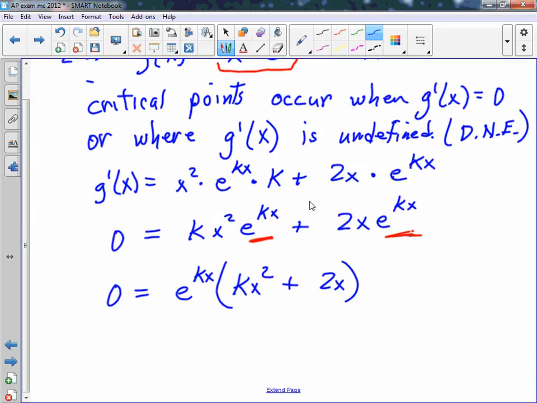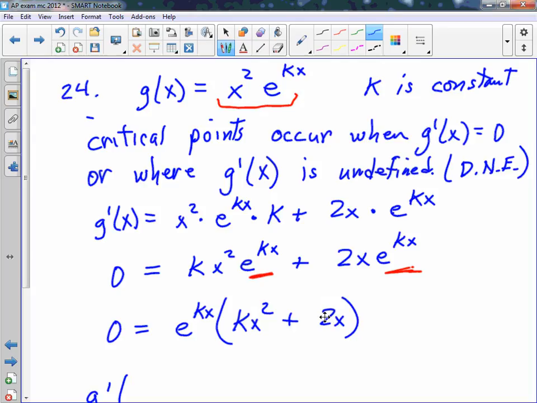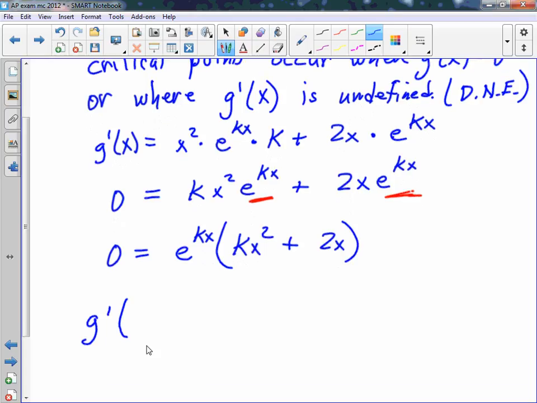And so now we can say, well, g prime. Normally when you do this, think about what we normally do when we take the first derivative and set it equal to 0. We solve it, but at that point, we already know what x is, right?